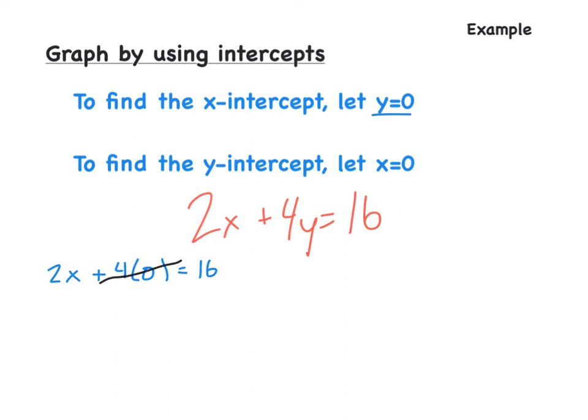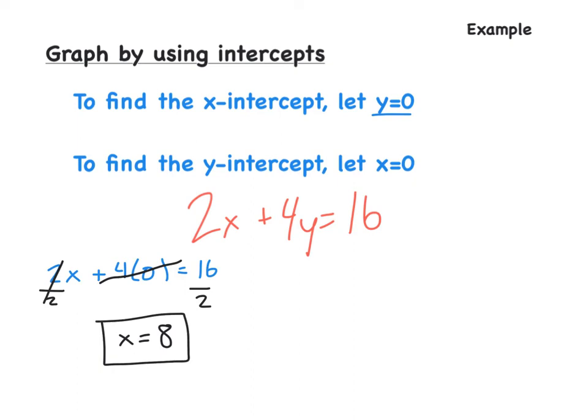All we have left is 2x is equal to 16. If we divide by 2, x is equal to 8. So our x-intercept is going to be at x equals 8.